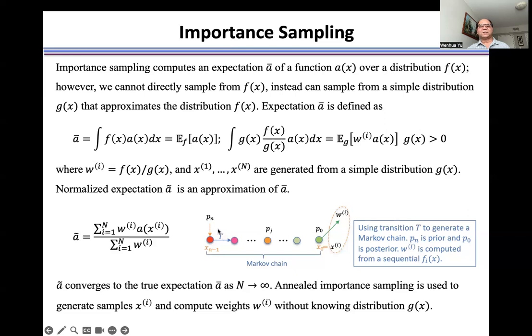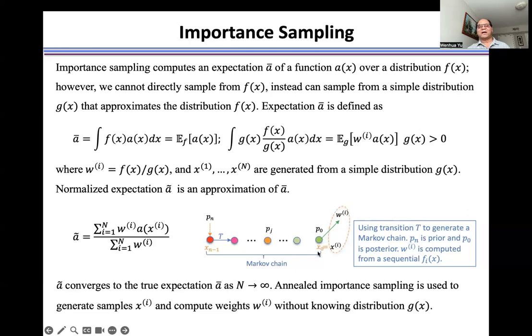And then we use the state transition probability T to generate a Markov chain. And then use each x to calculate the f at each point to get the sequential f functions. And then from sequential f, we calculate this w.